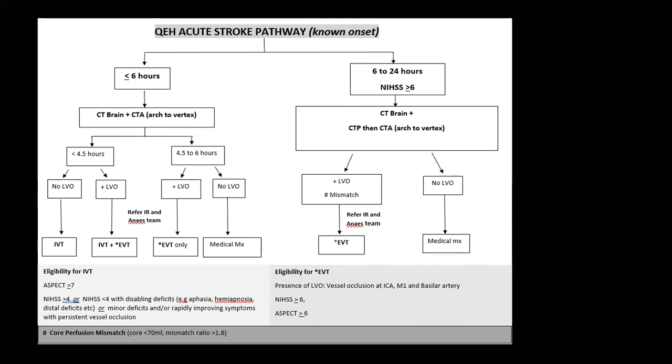Can we consider mechanical thrombectomy for patients that present with stroke within 24 hours? At the moment we just go for less than 6 hours, and also during office hours, because we only have 1 IR. And the equipment for the mechanical thrombectomy, such as the stent retriever and aspiration catheter, is still low in stock.